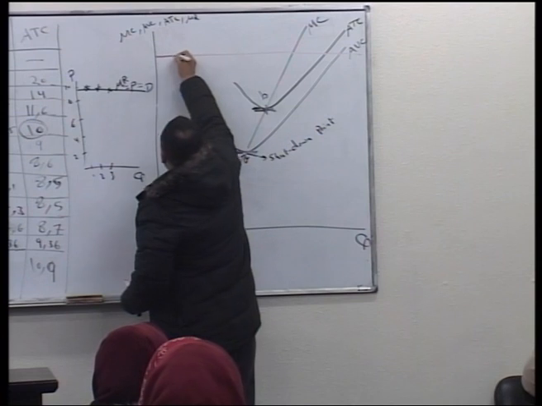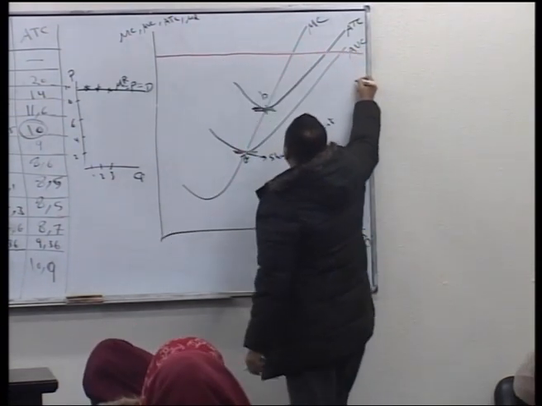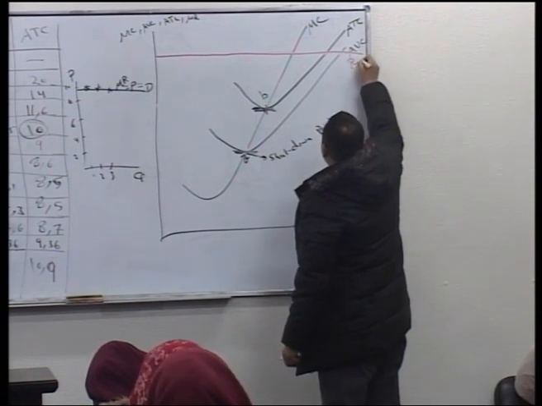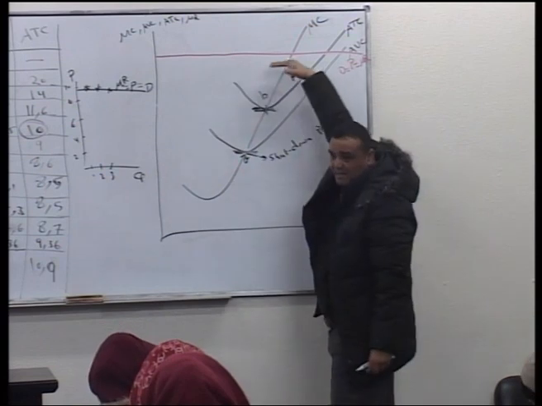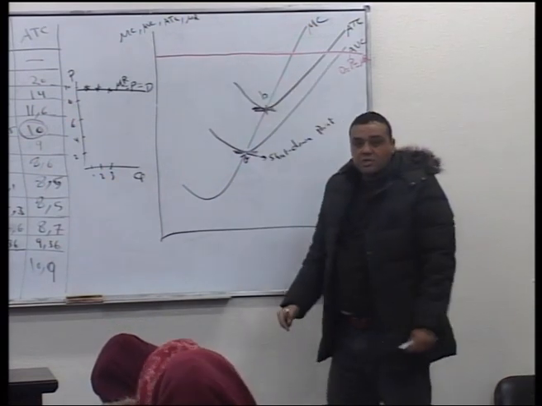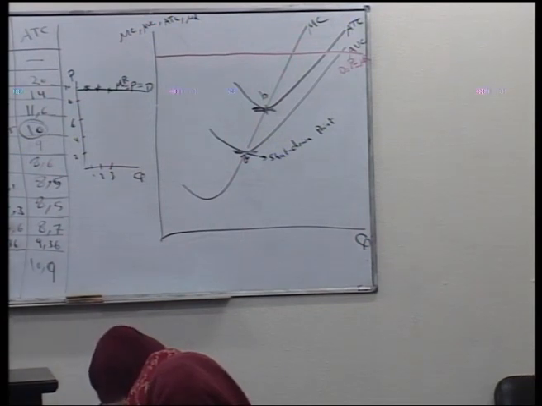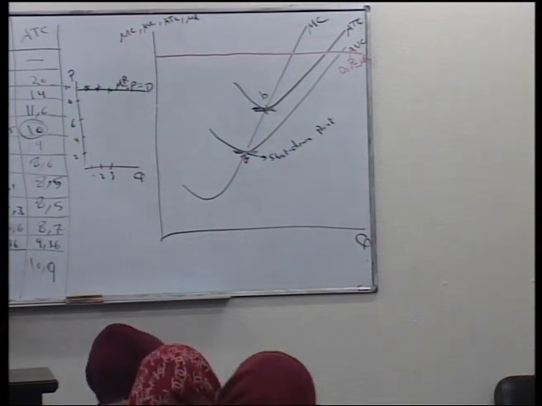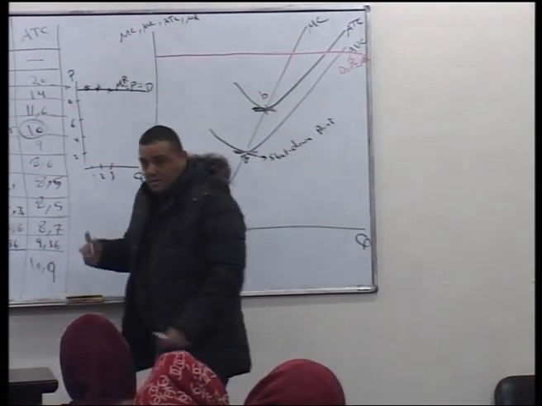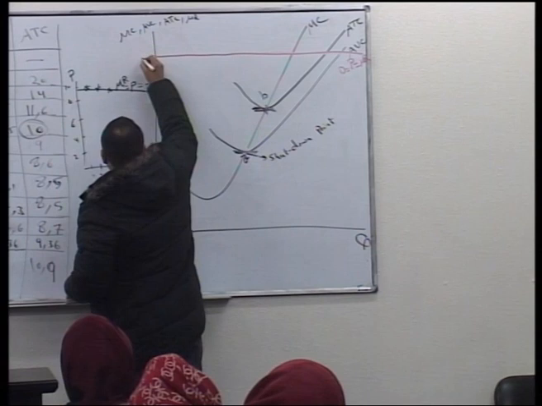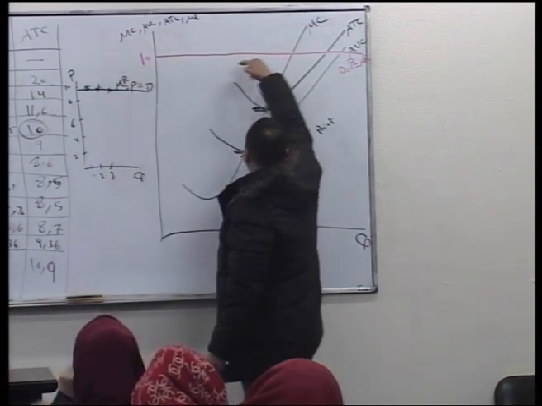Here, this is the demand curve: price equals MR equals demand. To determine if the business achieves profit, loss, or break even, let us assume that the price equals 10.